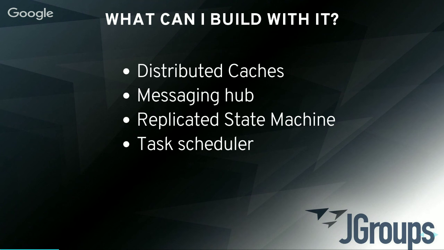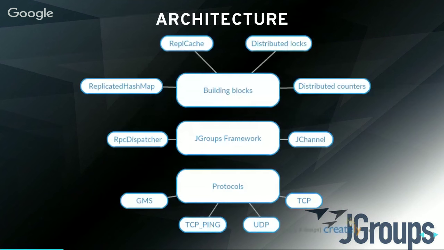So you can run different tasks across the cluster, coordinate task results, retrigger recurring jobs, and stuff like that. There are many, many more use cases, but those are the ones that were on top of my head. So let's take a look at the JGroups architecture.